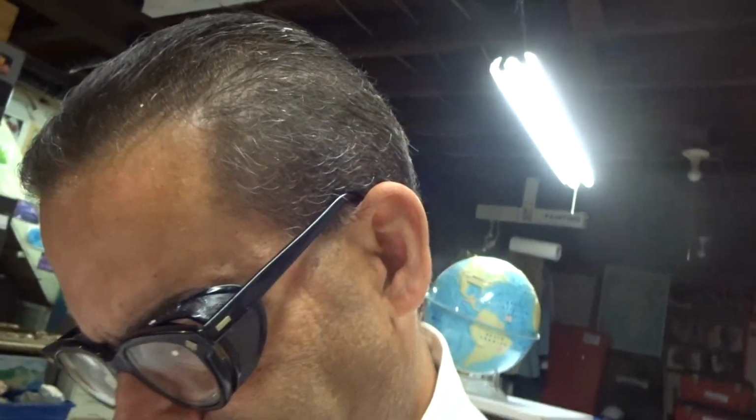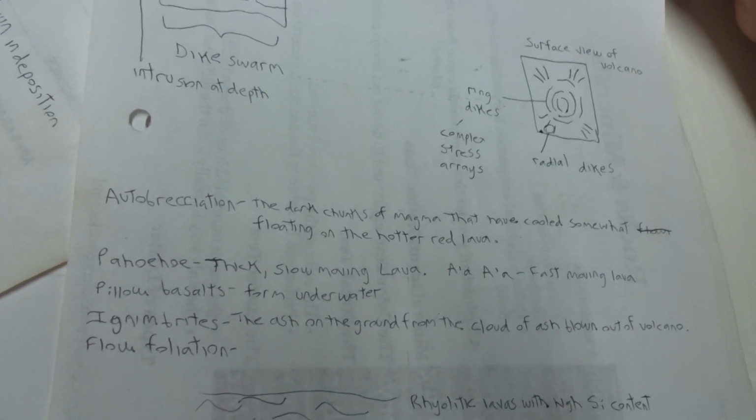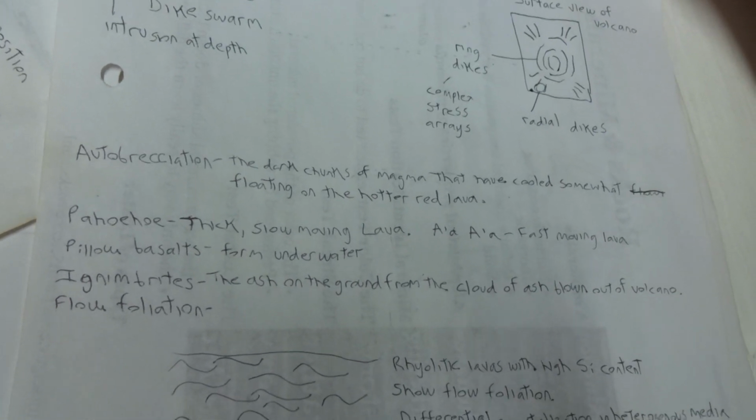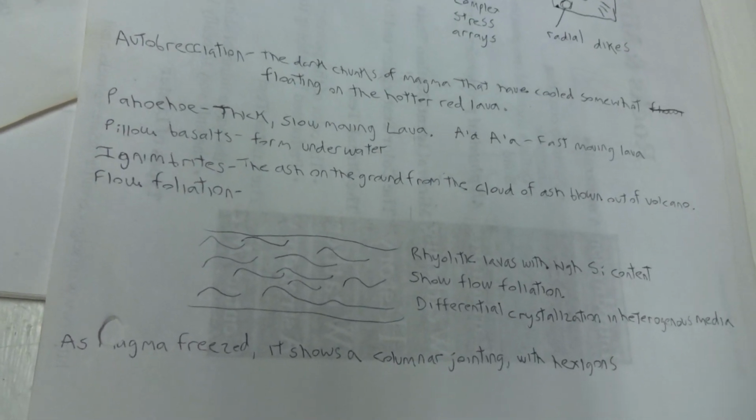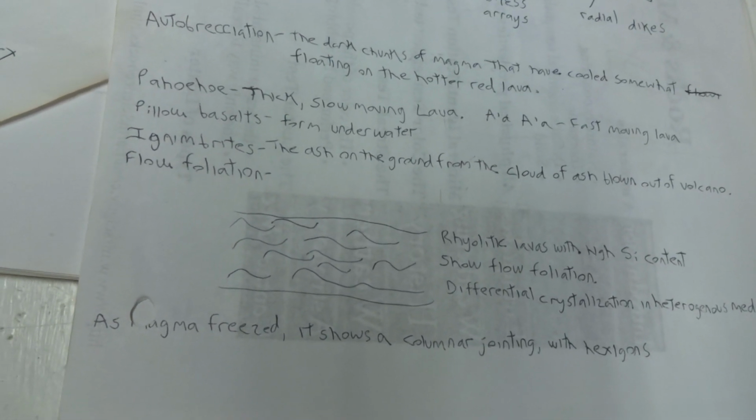And you've seen photographs of this where in magma on top of a volcano, on top of the red rock are darker rocks that are in sections. Pahoehoe is thicker, slower moving lava. A'a is faster. We see this in Hawaii. Pillow basalts are formed underwater.